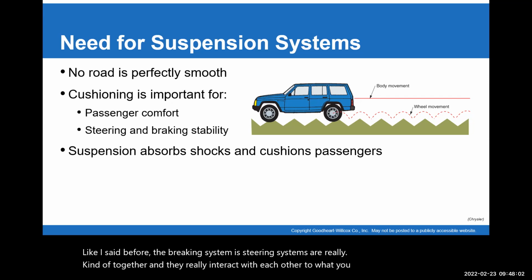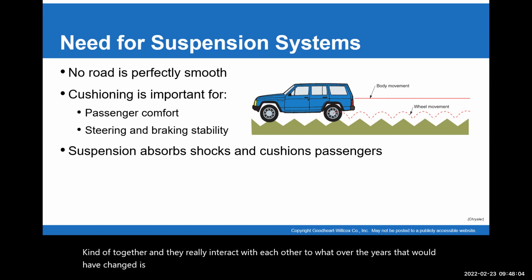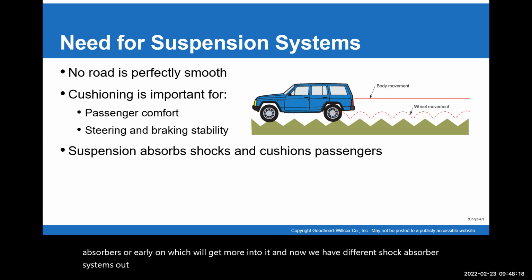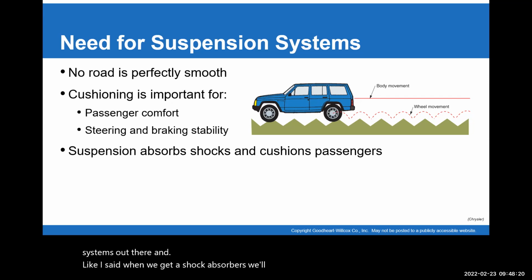Over the years, what has changed is a lot of the shock absorbers. They were basic oil-filled shock absorbers early on, which we'll get more into. And now we have different shock absorber systems out there. When we get into shock absorbers, we'll get deeper into it.